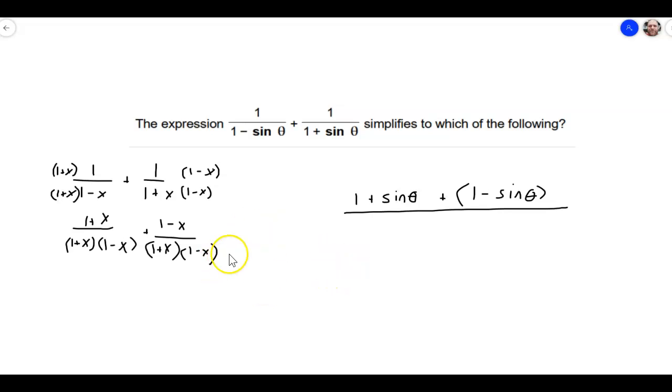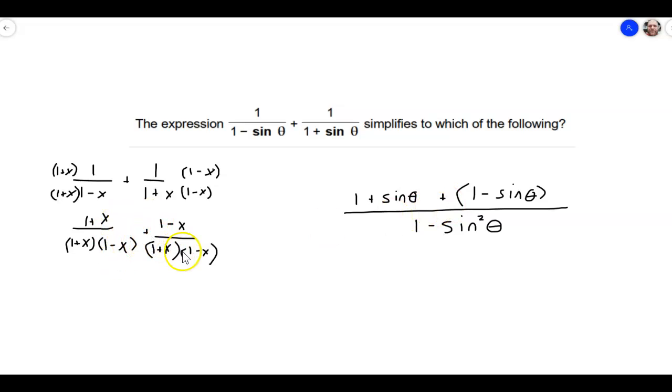We can multiply that out as well. This is just the difference of squares, so this is going to be 1 squared minus sine squared of theta, which is 1 minus sine squared of theta.